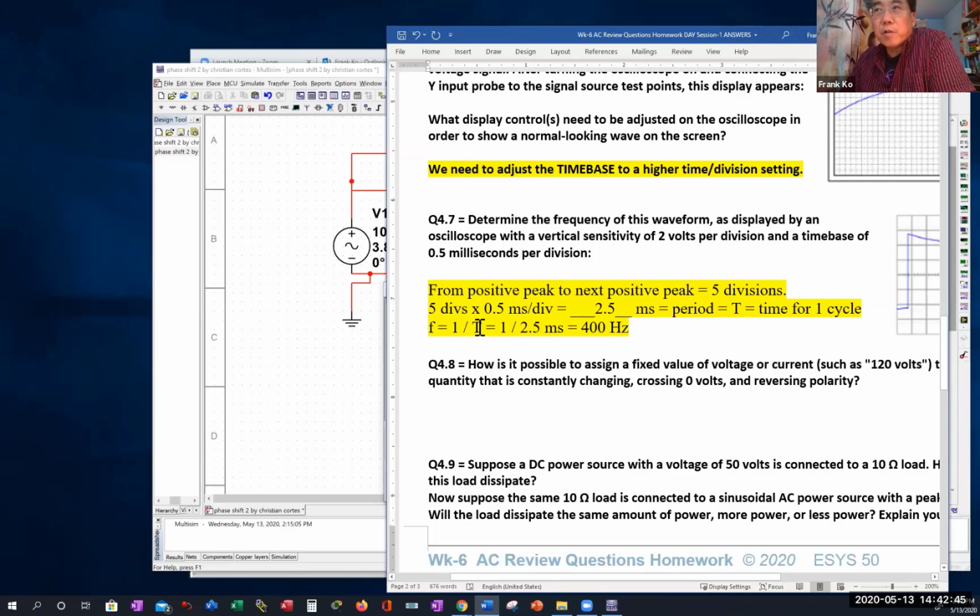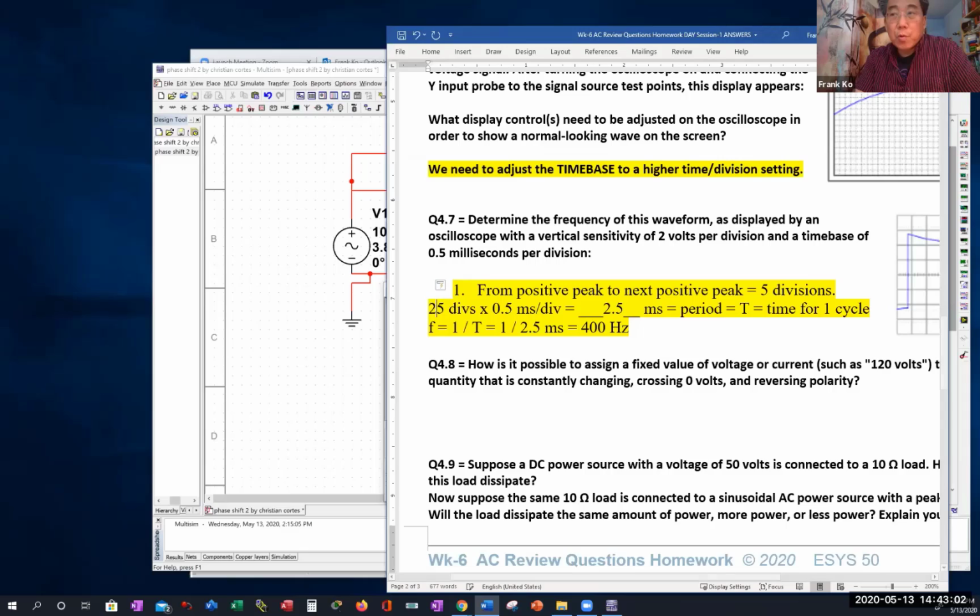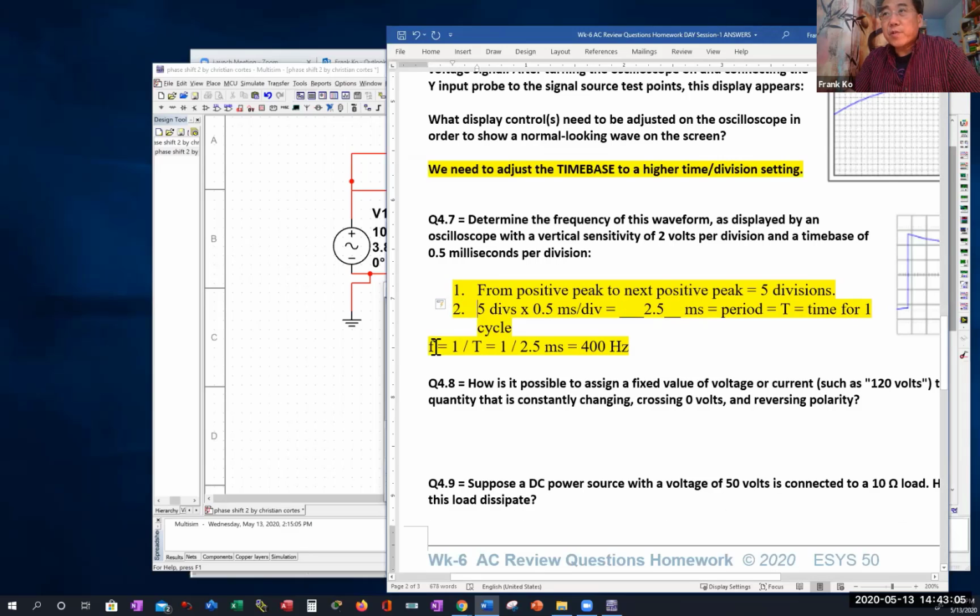Frequency is the reciprocal of period, or 1 over 2.5 milliseconds, which calculates to be 400 hertz. This step by step is what you do to answer those questions. That would be step 1, step 2, step 3.